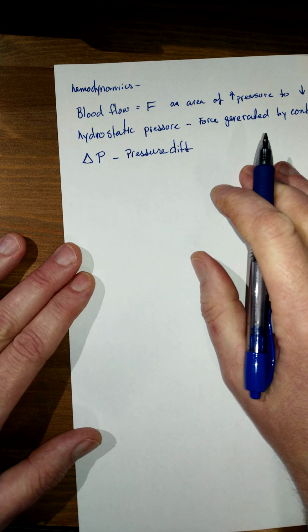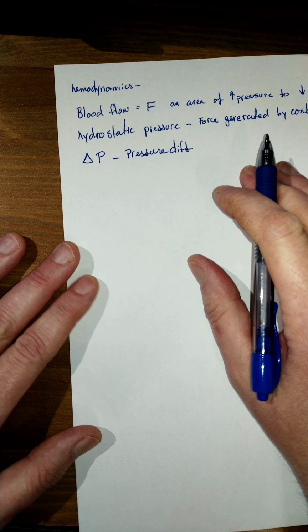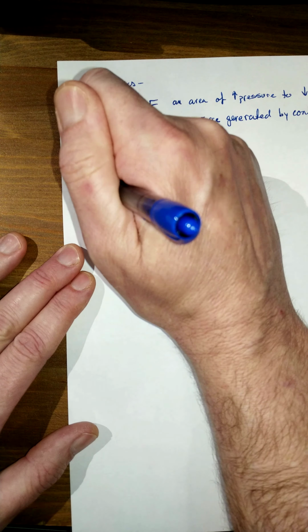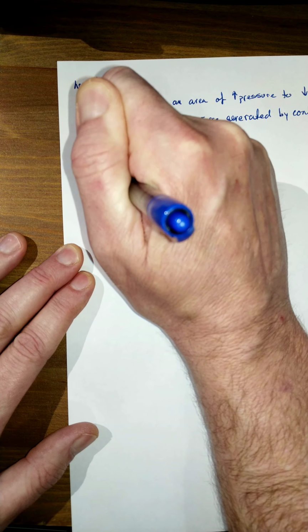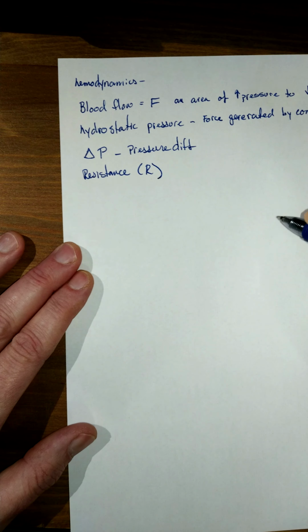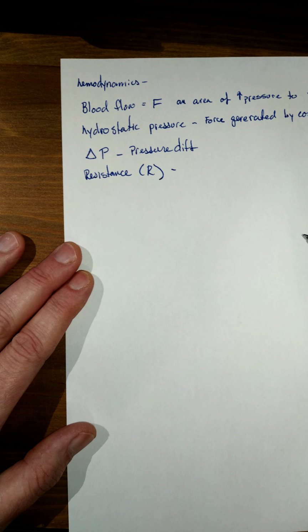And then just because you know the pressure difference between 2 points, it's not going to tell us the flow rate. So we need to know what the resistance is, which we're going to call R. It's essentially how difficult it is for the blood to flow between 2 points.